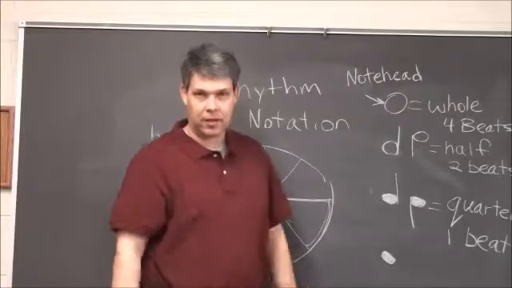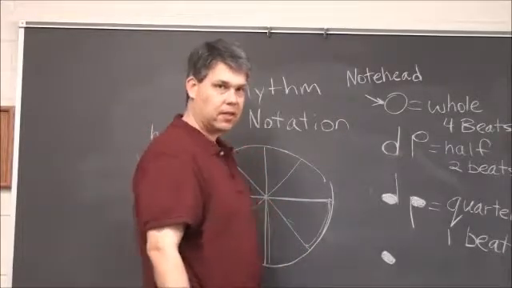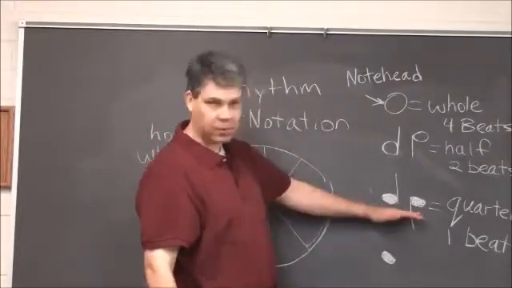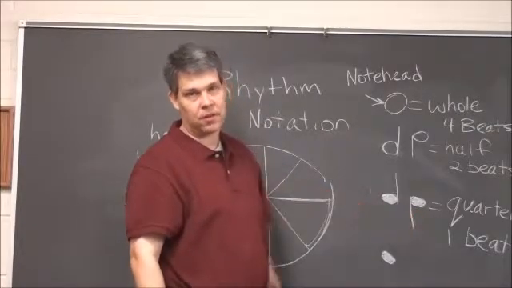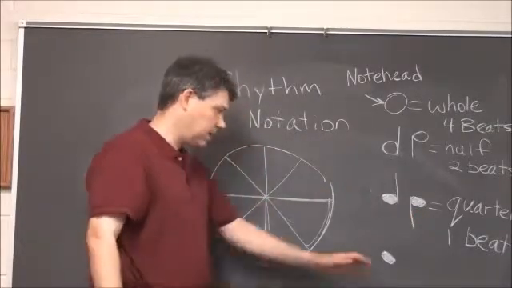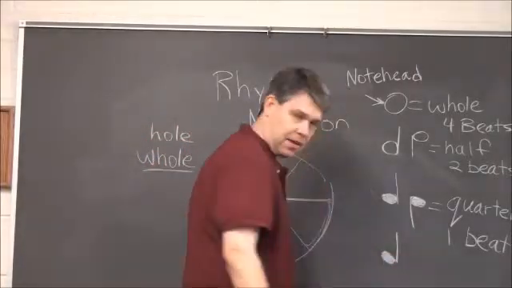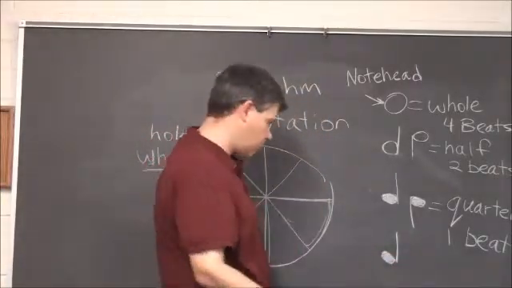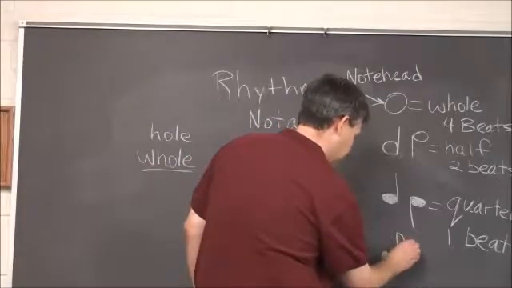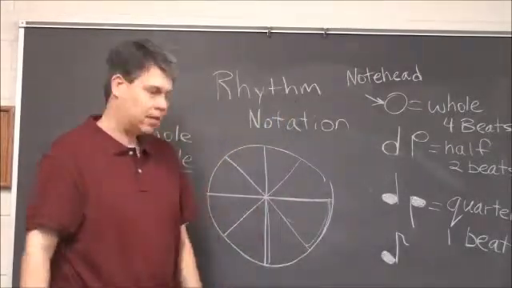I usually with my kindergartners, first graders, maybe even second graders, stop with quarter notes. They probably don't need to go any further than that because 1/8 notes gets to be quite tricky. So my 1/8 note starts out looking exactly like a quarter note, except now I'm going to put a little flag on it.